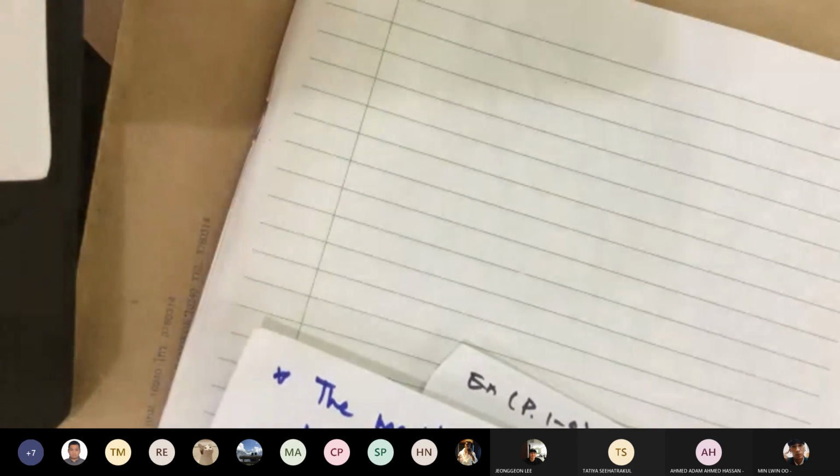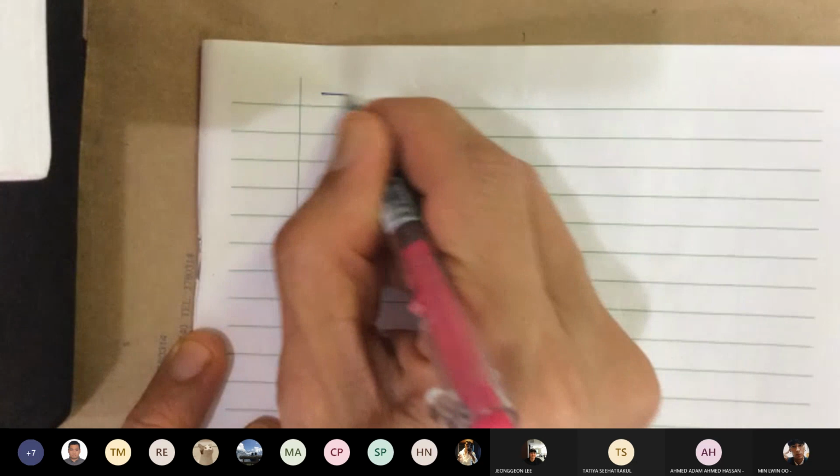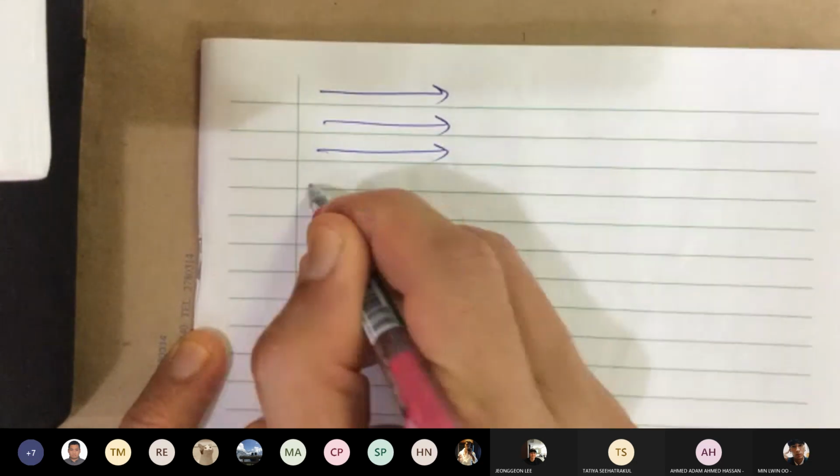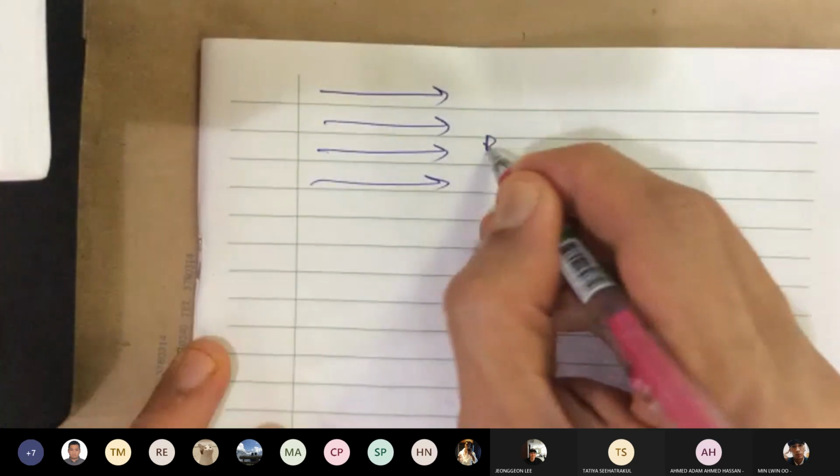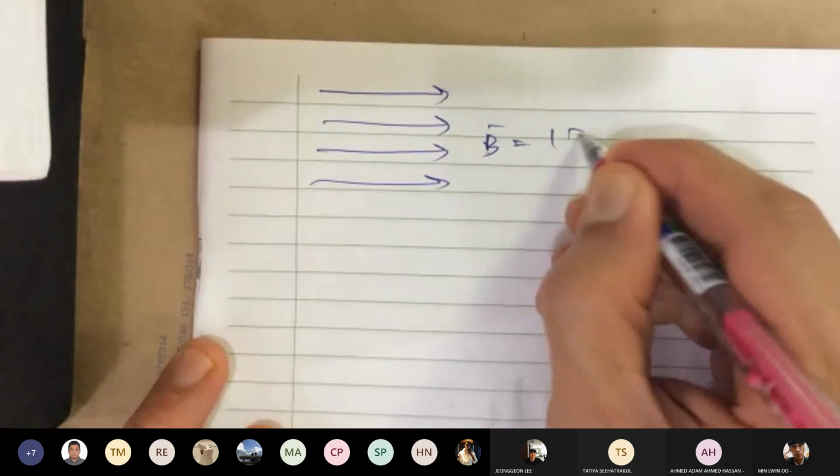Okay. Suppose, let me go back and look at the section notes. Suppose I have a magnetic field going towards the right, one Tesla.